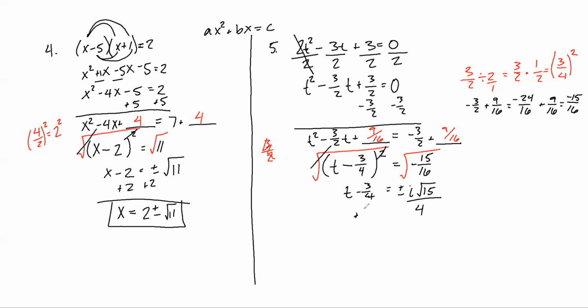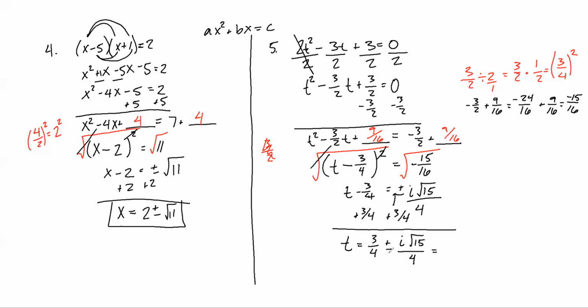So let's go ahead and add the 3/4 to both sides. And remember, I'll put it right there in the front. We get t equals positive 3/4 plus or minus i square root of 15 over 4. And again, you can leave it like this. I'm going to combine it into one term.